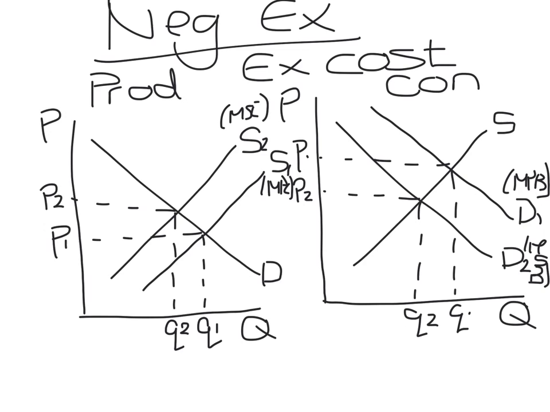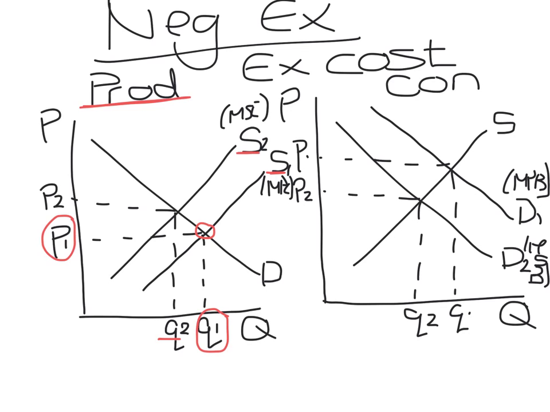Okay, so what's happening in this diagram, the production one, is that if the producer was taking into account the full costs of the activity, so if they did recognise the external cost, they would produce at Q2, their supply curve would be S2, but it's a negative externality, meaning that it's an external cost to a third party, so the producer doesn't take that cost into account, so their costs are lower actually than they should be, so they're producing at S1, and therefore when there's more supply in the market, it means that the price is reduced, and we know that a lower price causes a movement along the demand curve, and we get Q1 out here.